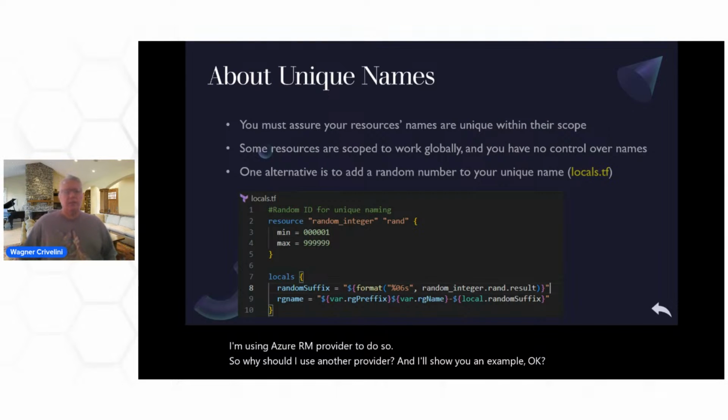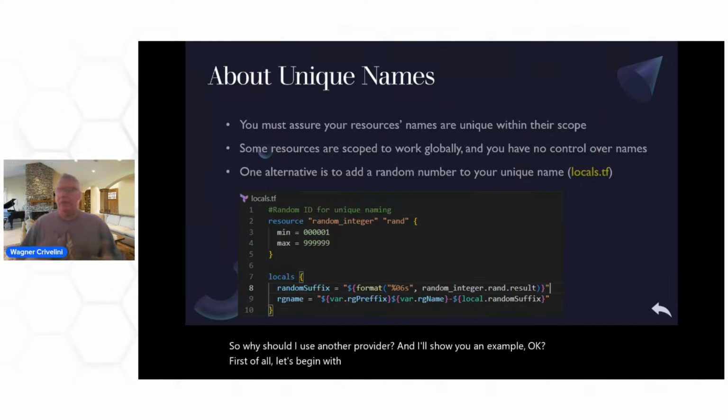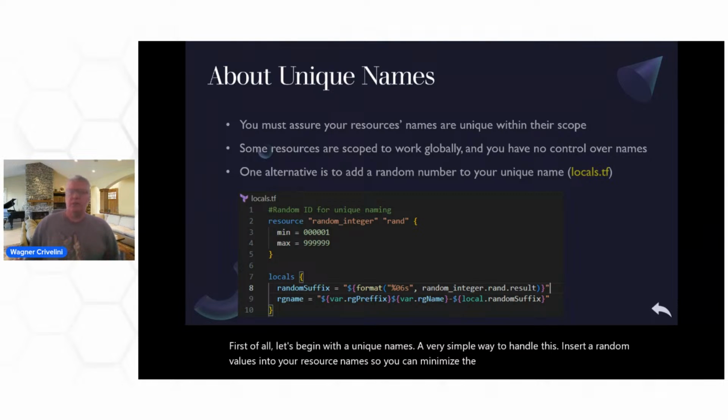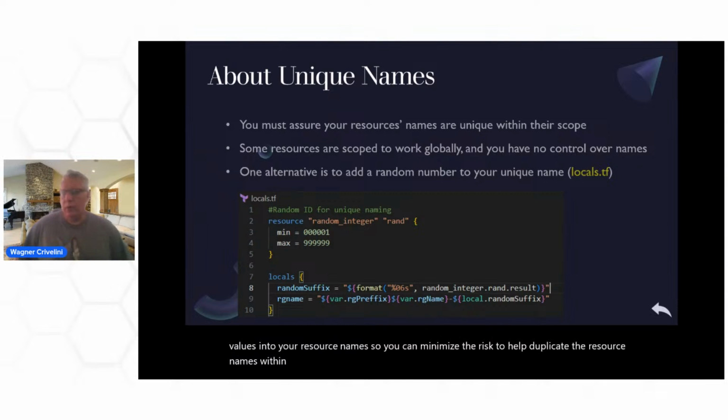First of all, let's begin with the unique names. A very simple way to handle this is to insert random values into your resource names, so you can minimize the risk of having duplicated resource names within your deployments. Okay, so it's very simple. You can use, for instance, this random integer resource.